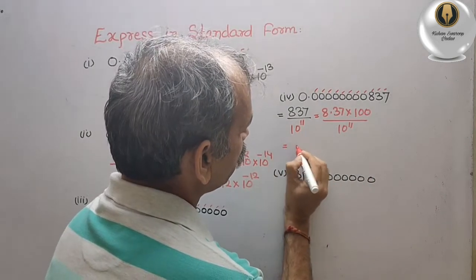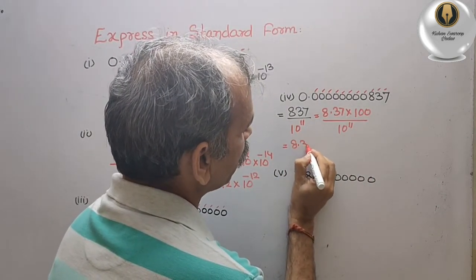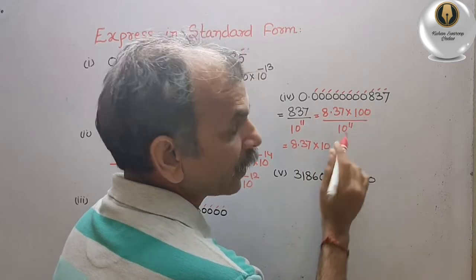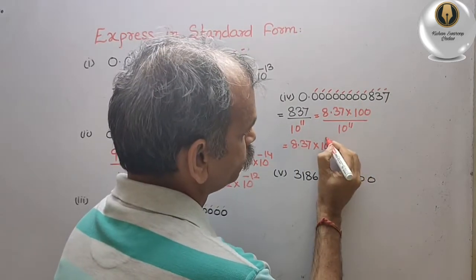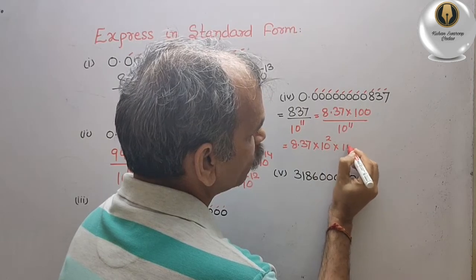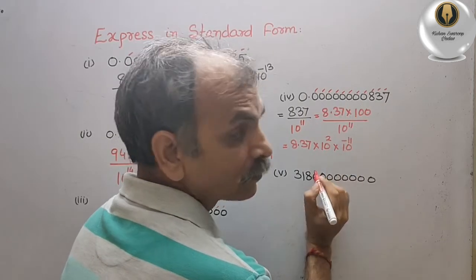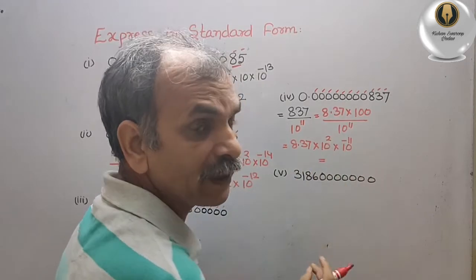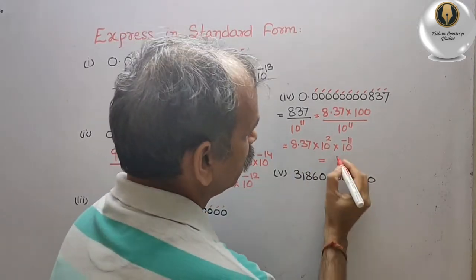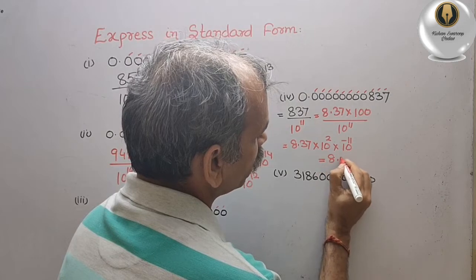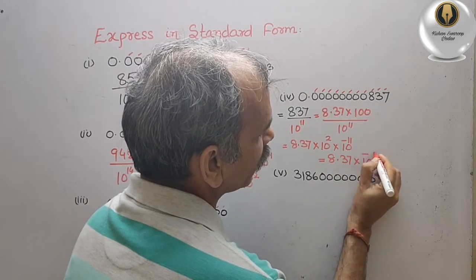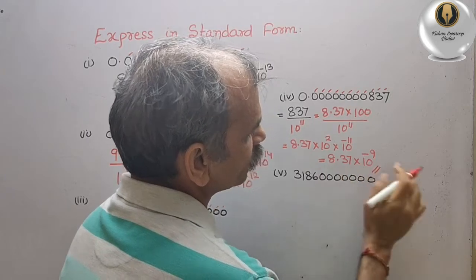So now it is 8.37 into 10 to the power of 2 into 10 to the power of minus 11. This is equal to 2 minus 11 is minus 9. So it will be 8.37 into 10 to the power of minus 9. So this is your answer.